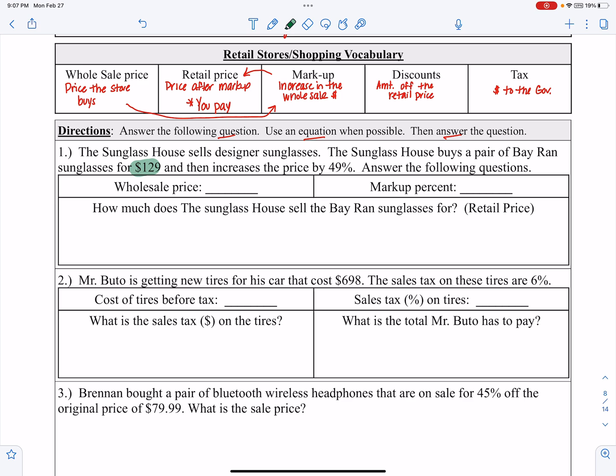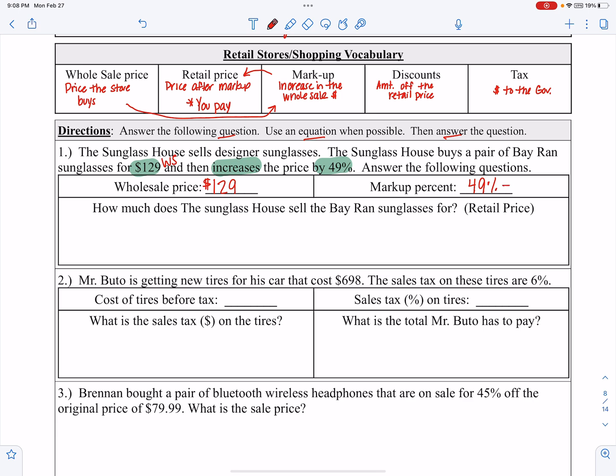And then they increase the price by 49%. So the first thing that we're identifying is the Sunglass House. So that's the store buying the Ray-Ban. So this 129 is my wholesale. So I'm putting WS. And so we can record that down. $129 is the wholesale price. And there's a markup percent of 49%.